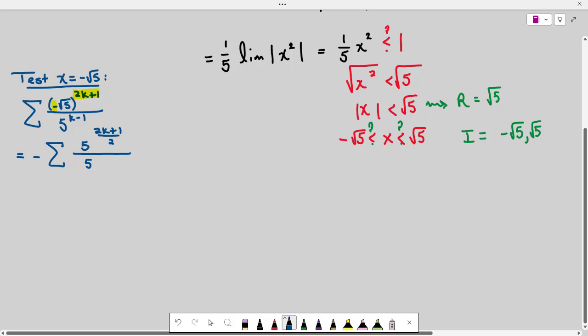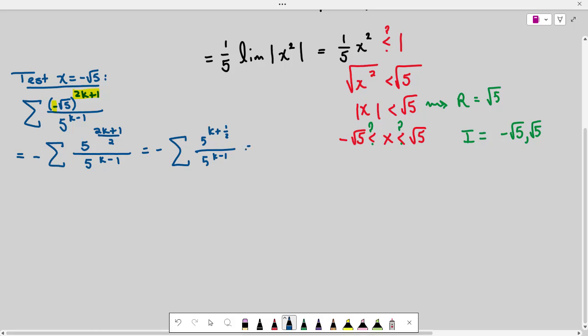Over 5 to the k minus 1. Got that. So let's rewrite this a smidge. Let's write this numerator's exponent as 5 to the k plus 1/2. Got that.